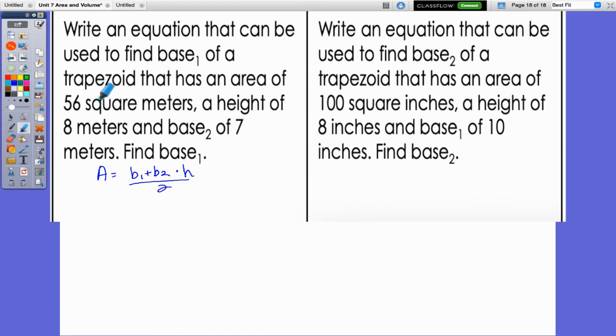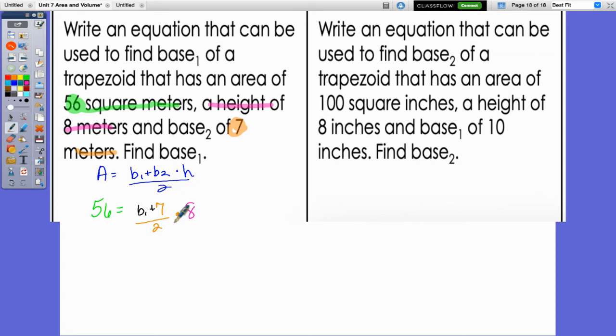We have an area of 56 square meters, a height of 8 meters, and a base of 7 meters, base 2. We're finding base 1. So we're going to start with 56 equals. I don't know base 1, so I leave that alone. Base 1 plus base 2 is 7 meters divided by 2 times the height is 8.